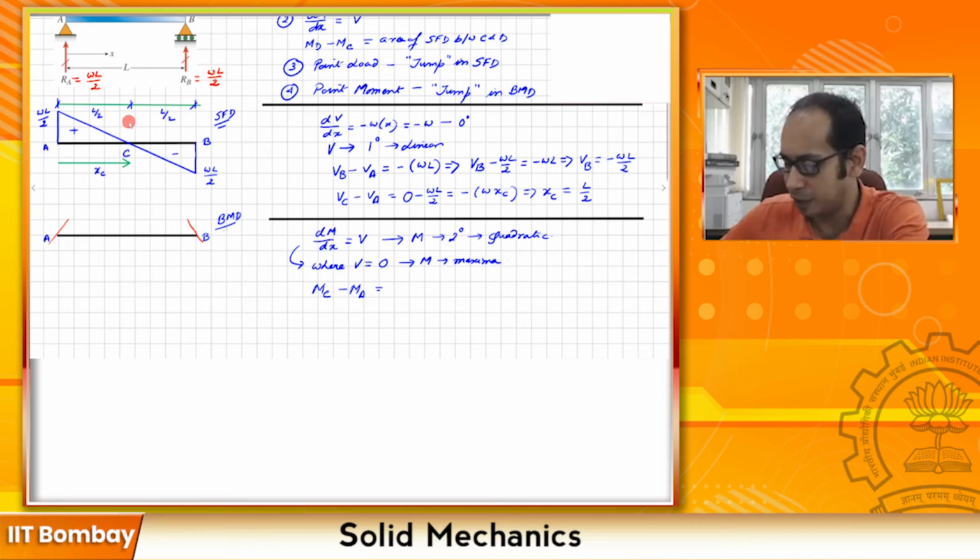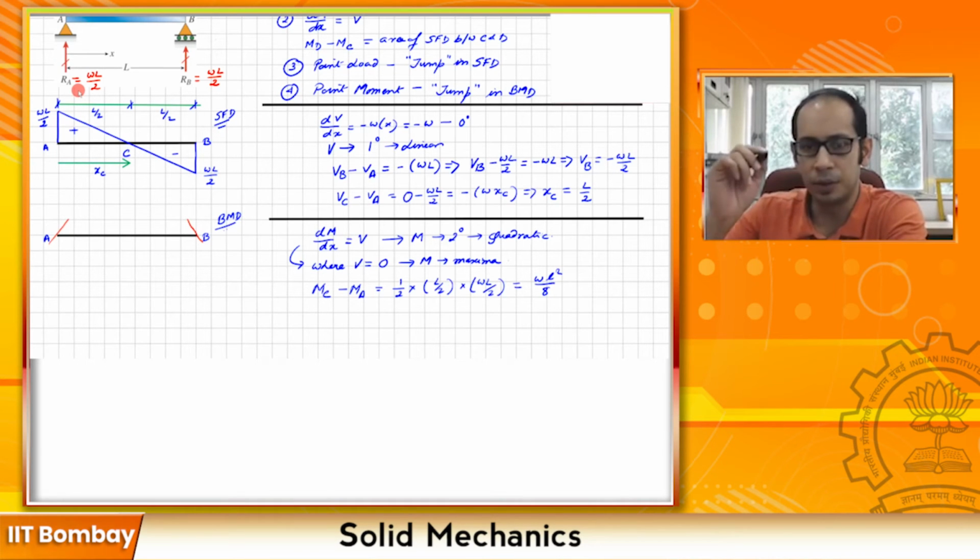So what is that area? It's going to be half of this one times this altitude over here. So it is going to be half times L over 2 times wL over 2. So that is wL squared by 8. So that is the Mc. Why? Because Ma equals 0, right?